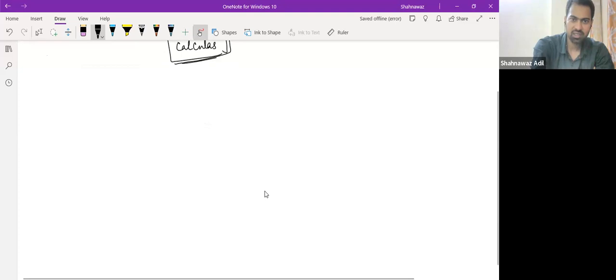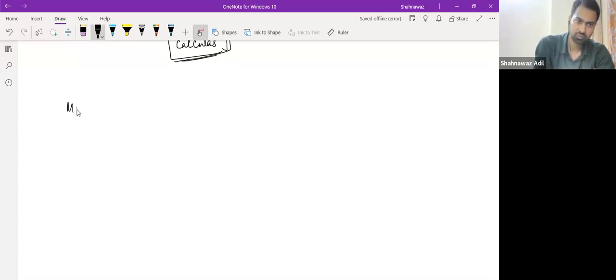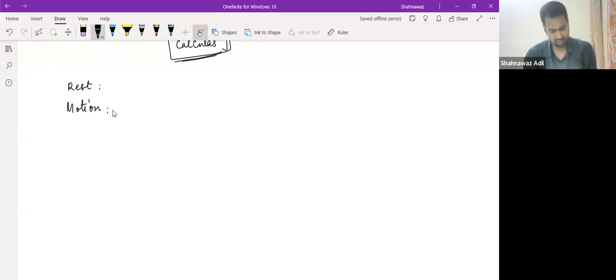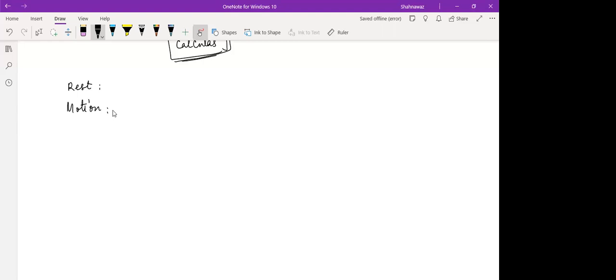Okay, so first let us understand about motion. And then there is rest. How do we define a rest body, rest object? When an object does not move, or when it's in inertia state.